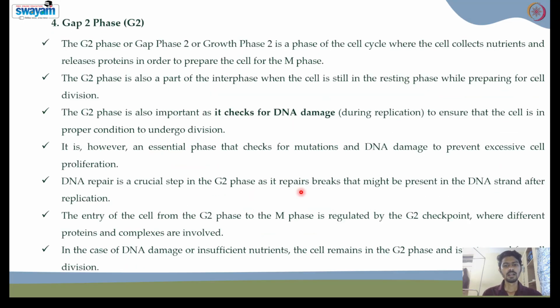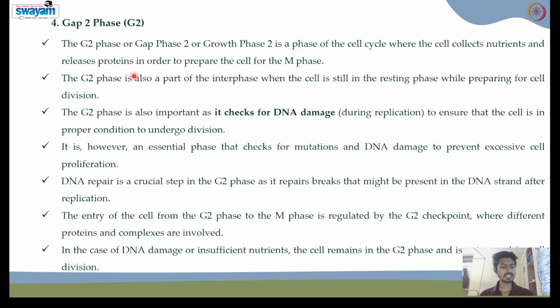And the fourth phase is the gap 2 phase, or we call it the G2 phase. It is also a part of interphase, where the main role of this phase is that the cell collects nutrients and releases proteins in order to prepare for cell division. Earlier we have seen the DNA replication.